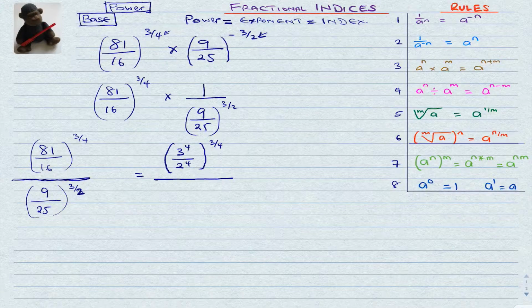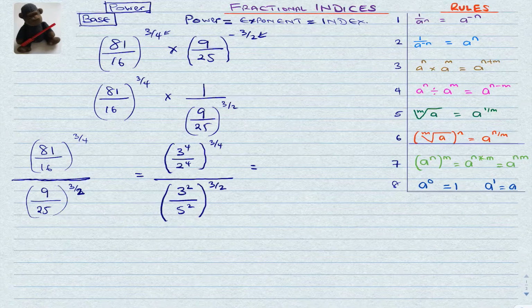The clue to the question is a 2 in a fractional power, which is 3 squared over 5 squared, and that will be to the power 3/2.